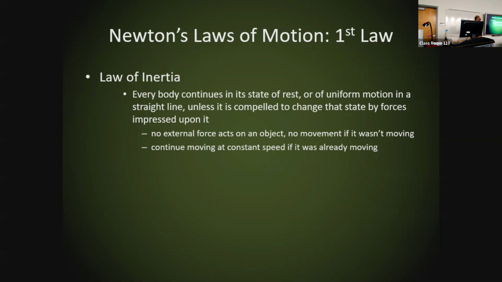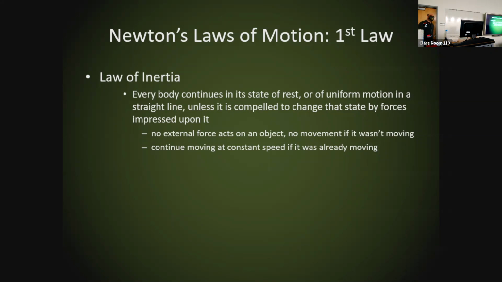Every body continues in a state of rest or of uniform motion in a straight line, unless there is something else causing it to change its direction or acceleration. So if no external force acts on an object, there is no movement if it wasn't moving.